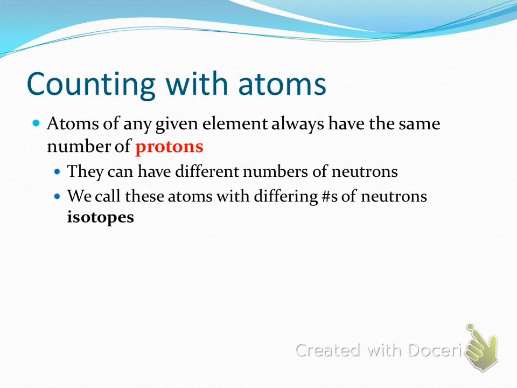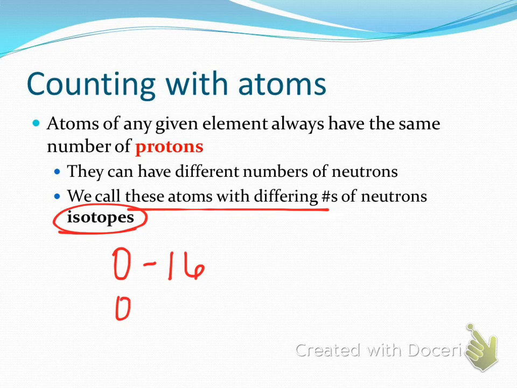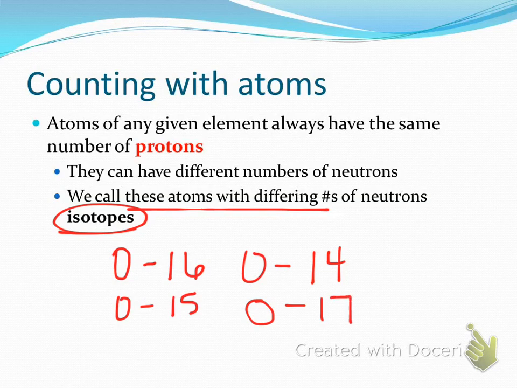Atoms with differing numbers of neutrons that are the same element are called isotopes. So an example of this would be oxygen 16 and oxygen 15 and oxygen 14 or oxygen 17, right? These all might be versions of oxygen.